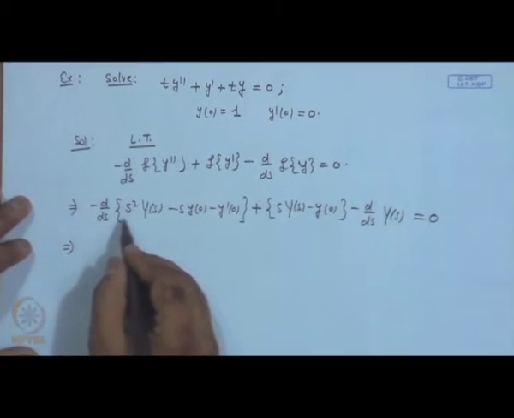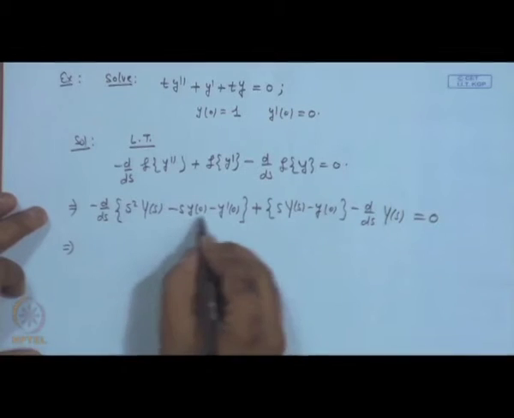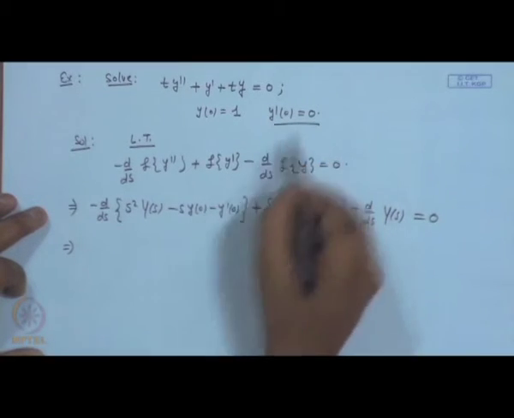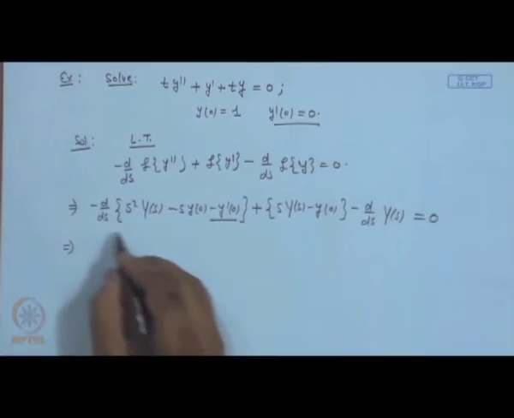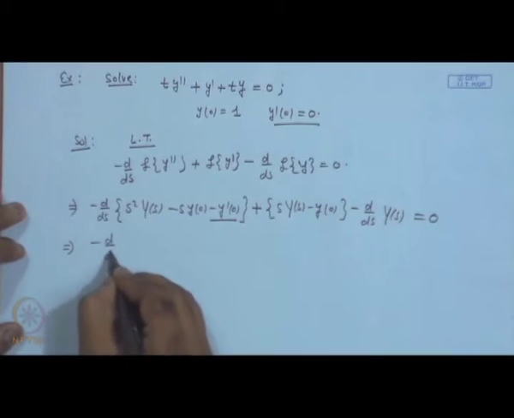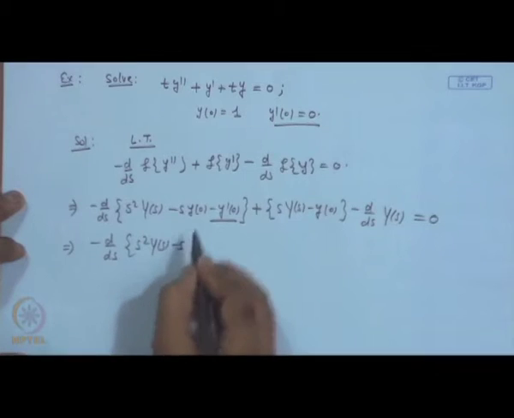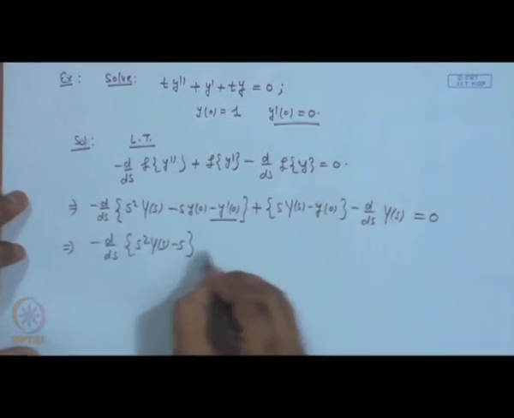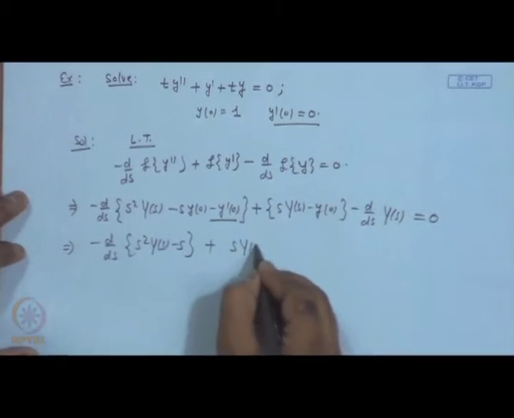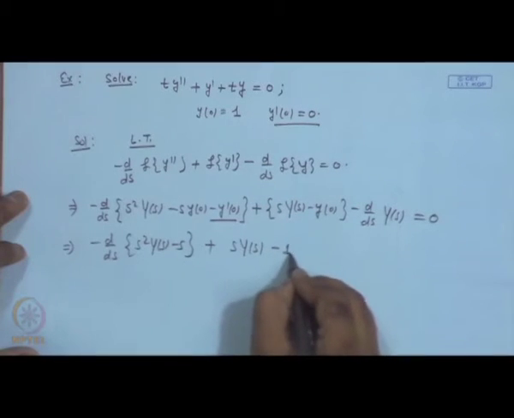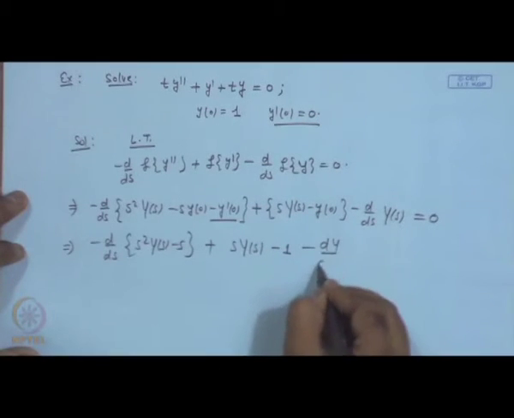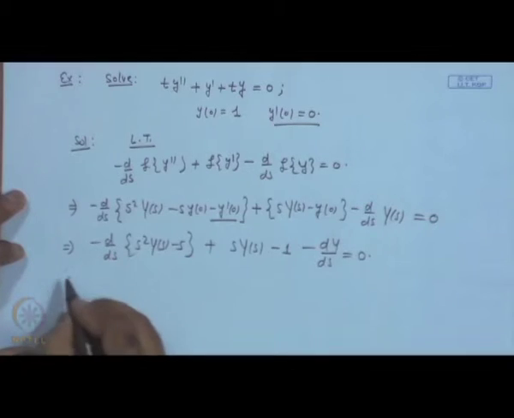What we get here, y prime(0) is 0. So, this term will vanish. So, we have minus d over ds of s squared Y(s) minus y(0), which is 1, plus s Y(s) minus y(0), which is 1, minus dY over ds is equal to 0.